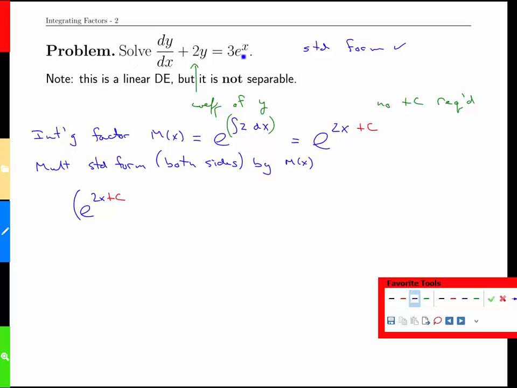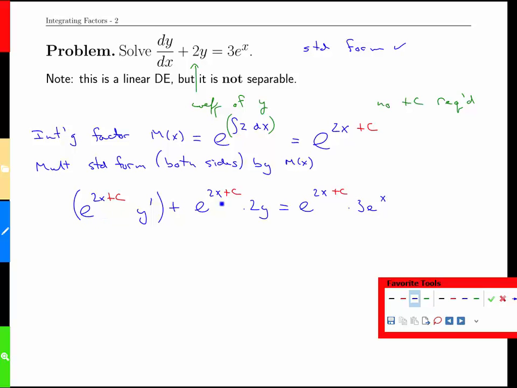So here's our standard form equation. We're going to multiply this by e to the 2x plus c times y prime plus e to the 2x plus c times 2y is going to equal e to the 2x plus c times 3e to the x.